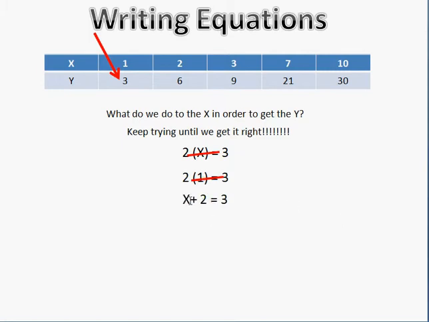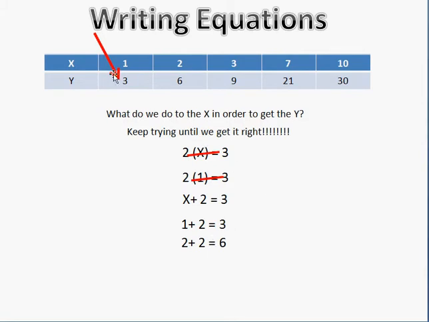So now I'm going to say, well, does x plus 2 equal 3? So I plug it in. 1 plus 2 does equal 3. I plugged in my 1 for the x, and since it's x plus 2, I go 1 plus 2, it does equal 3. But guess what?